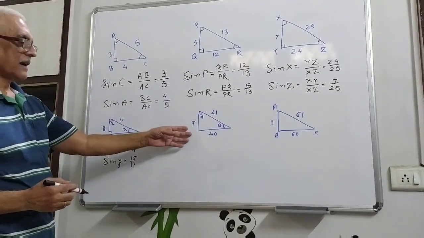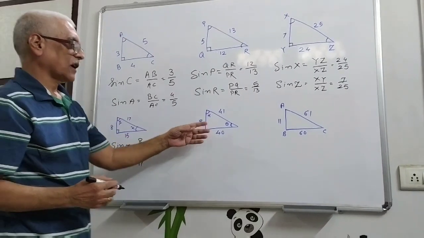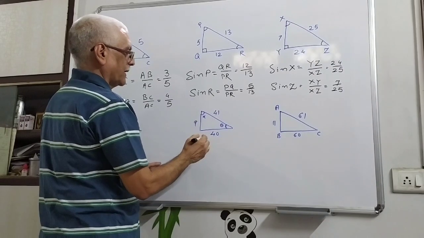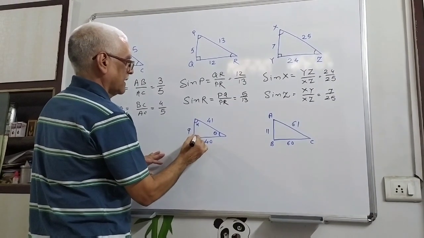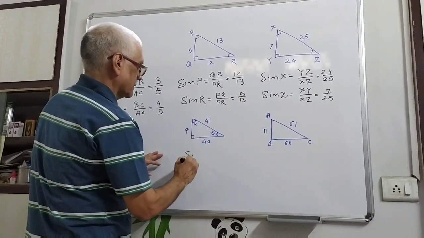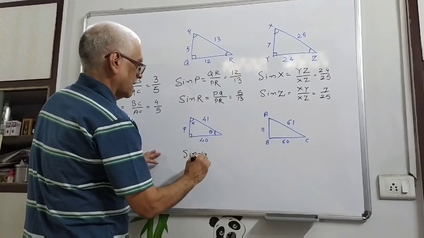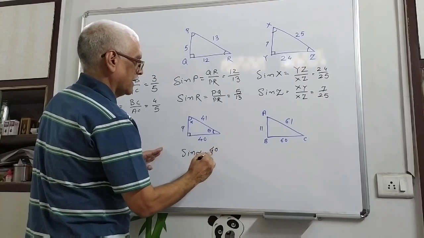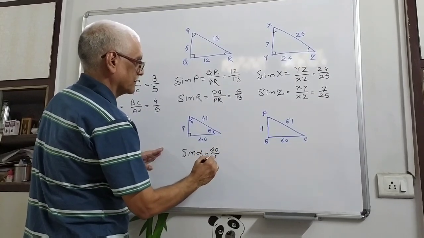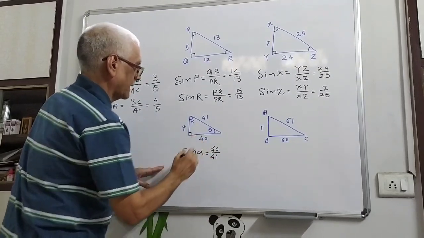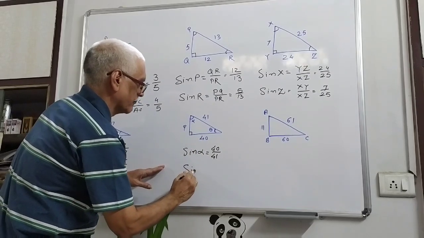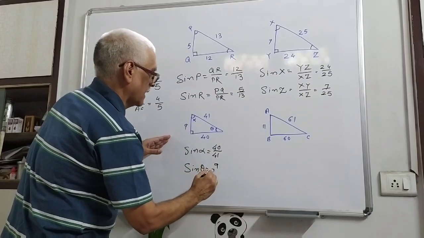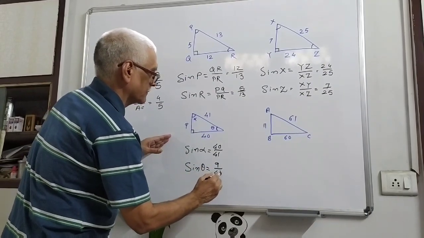Now in this triangle you will find the angles are denoted by Greek letters: this is alpha, this is theta. This is a right angle. So sine alpha: the length opposite to alpha is 40 and hypotenuse is 41. And sine theta is the length opposite to theta, 9, upon hypotenuse 41.